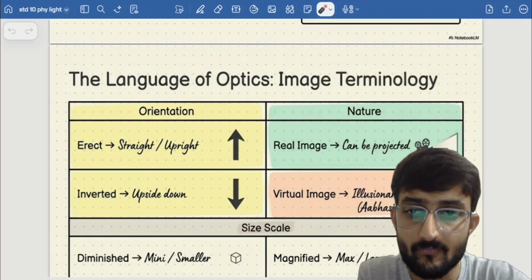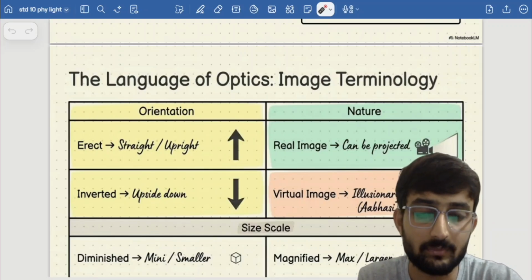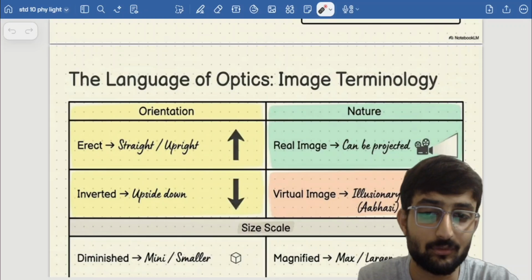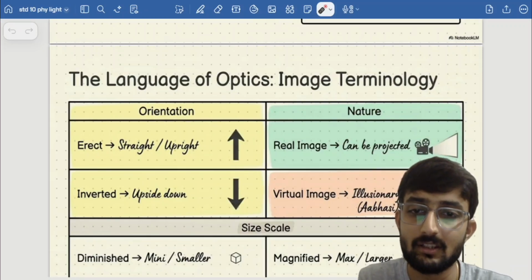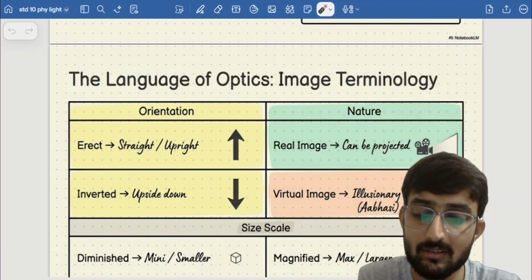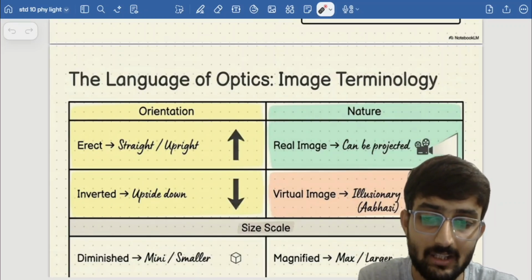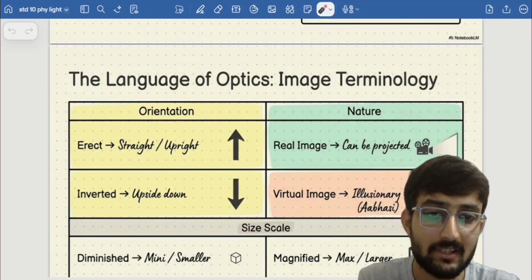So to talk like a physicist, we need to learn the language of optics. When light rays meet or appear to meet after reflection, they form an image. Images have three distinct characteristics. You must memorize that. The first is nature. An image can be real or virtual.